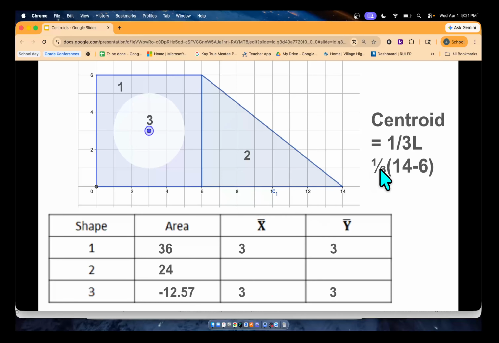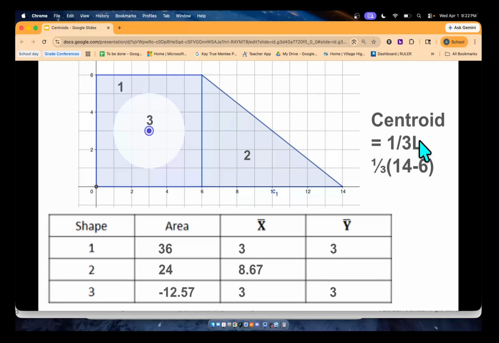So 1/3 of 14 minus 6, giving us 8 down here. And that's going to end up being 8.67. Now, hold up. Where in the world did you get the 8.67, Alex? You have to consider you're starting at 6.